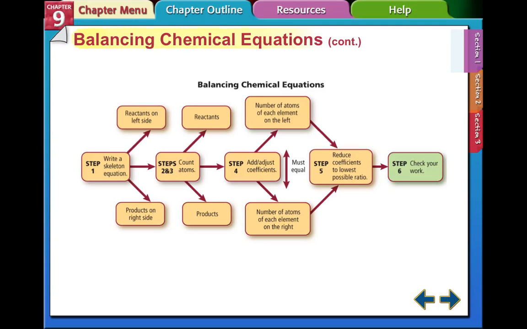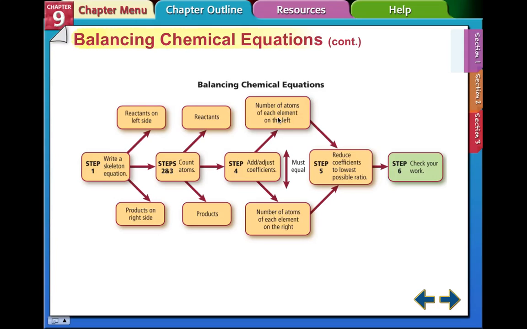Okay, here's a nice little flow chart to help you when you're learning how to balance chemical equations. Step number 1, write out the skeletal equation. Make sure that you put the reactants on the left-hand side and the products on the right-hand side. Step 2, count the number of atoms in the reactant, count the number in the product. Step 4, add or adjust the coefficients.